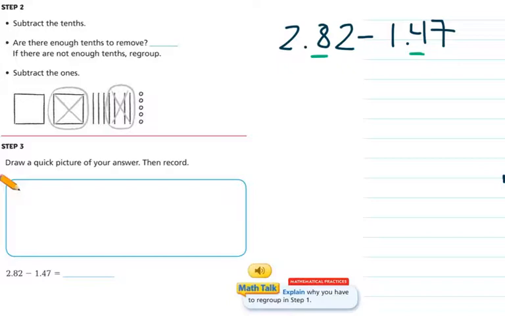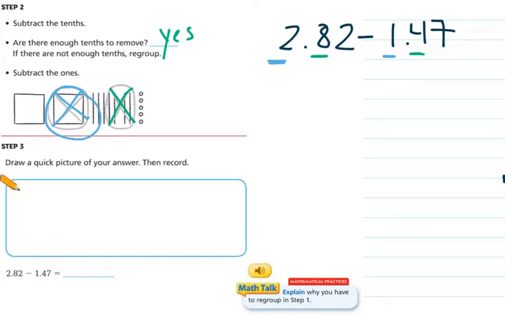So you can see they crossed off those 4 tenths. We had enough tenths, so we didn't have to regroup, which was exciting in this problem. Now, it says we're going to subtract the ones. If we underline the ones, can you take away 1 from 2 ones? Yes. And as you can see, boys and girls, they did that here as well.